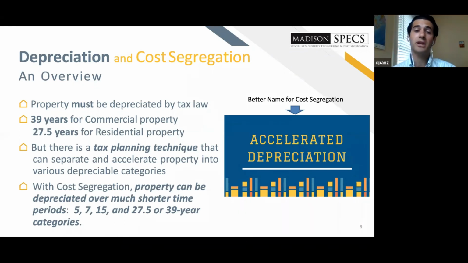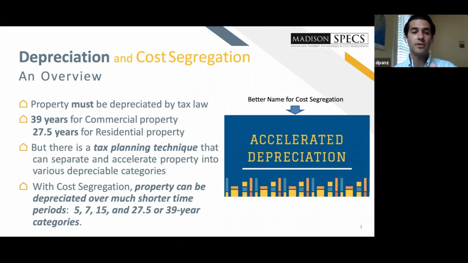So there is a tax planning technique that can go in and separate all the items inside the building that depreciate faster than that original 27.5 year schedule. That tool is called cost segregation, and the benefit it provides is accelerated depreciation. We like to say accelerated depreciation because we're not giving you more depreciation, we're just accelerating it to the front of the depreciation schedule.